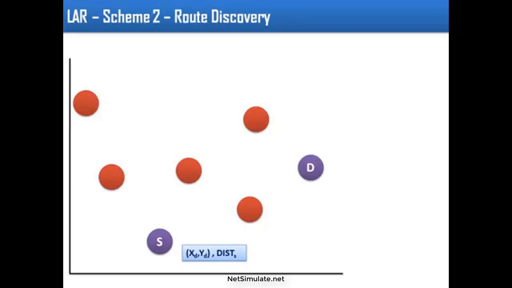Now we will see how the request zone will work in this scenario. The sender will prepare a route request packet, and here we are showing only two attributes. Actually there are many attributes like sequence number and other things, but for simplicity we consider the coordinates of D and the distance between S and D to be included in the route request packet, and those packets will be broadcast. S will send one copy to each of its neighbors.